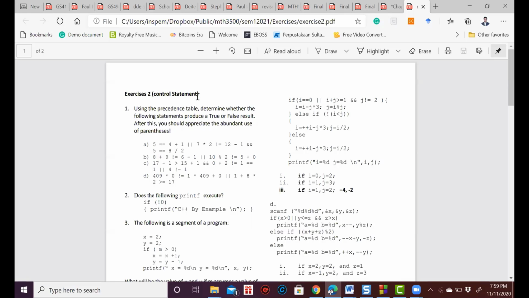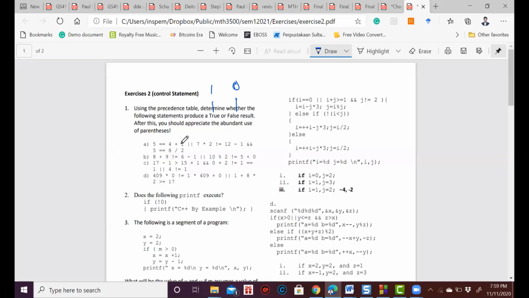Okay. Now, using procedure table, determine whether the following statement produces a true or false result. True or false. In C, true is 1 and false is 0.